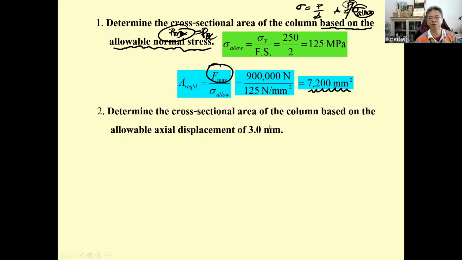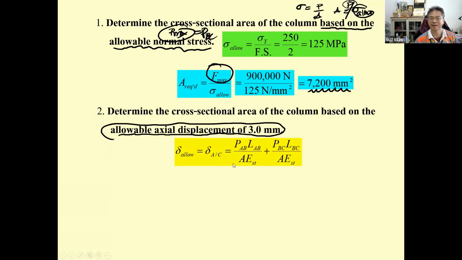Now we come to the allowable axial displacement of 3 millimeter. By doing this, our delta sub AC from the previous example must be set equal to the allowable deformation of 3 millimeter.